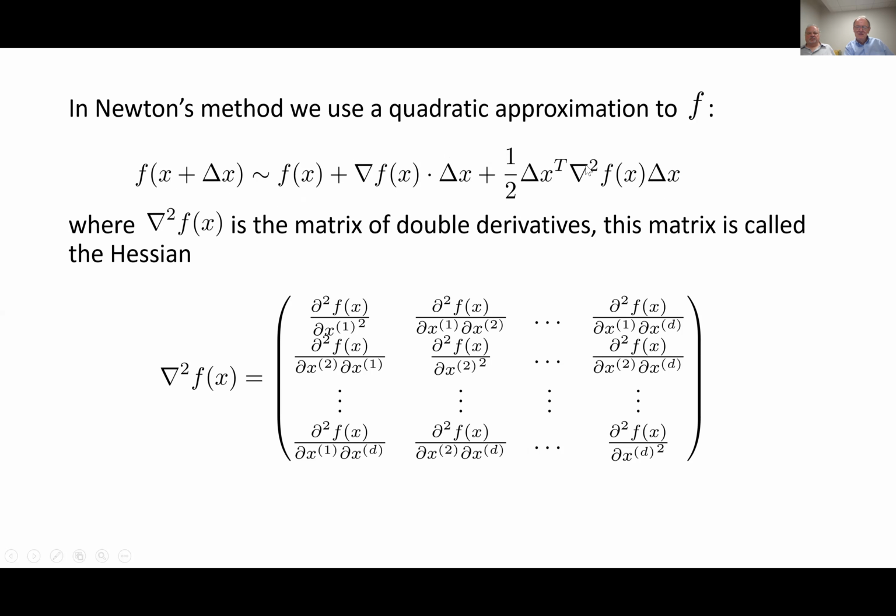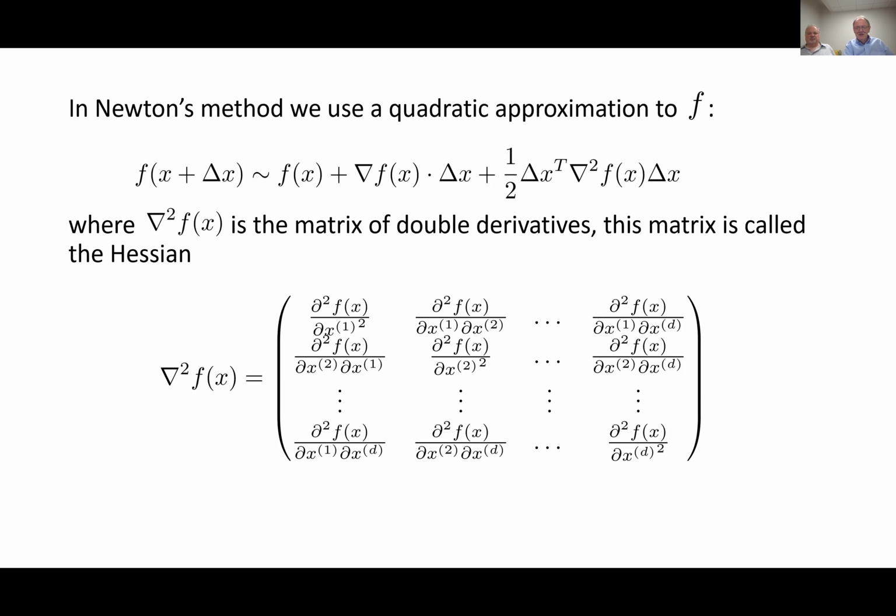This matrix is the matrix of double derivatives. When you have a function of several variables, you have its gradient, the vector of partial derivatives, but if it's also twice differentiable, you also have the double derivatives.